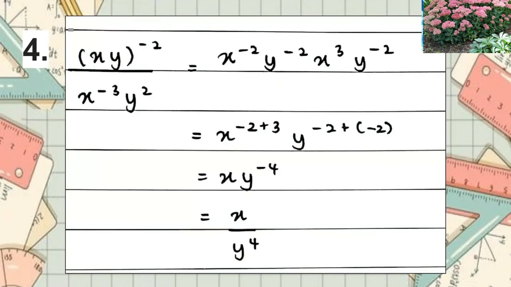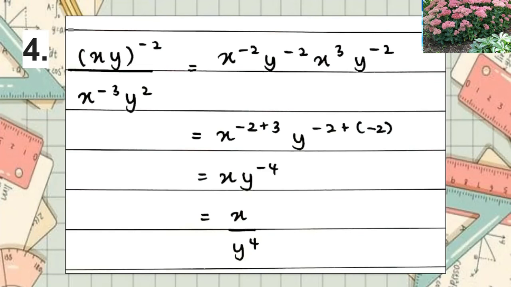Okay, question number 4. The question is xy power of negative 2 over x power of negative 3 and y square. So the solution is x power of negative 2, y power of negative 2, x power of 3, and y power of negative 2. What I do in this line is I bring the denominator of the fraction up to the top, so it will be negative.